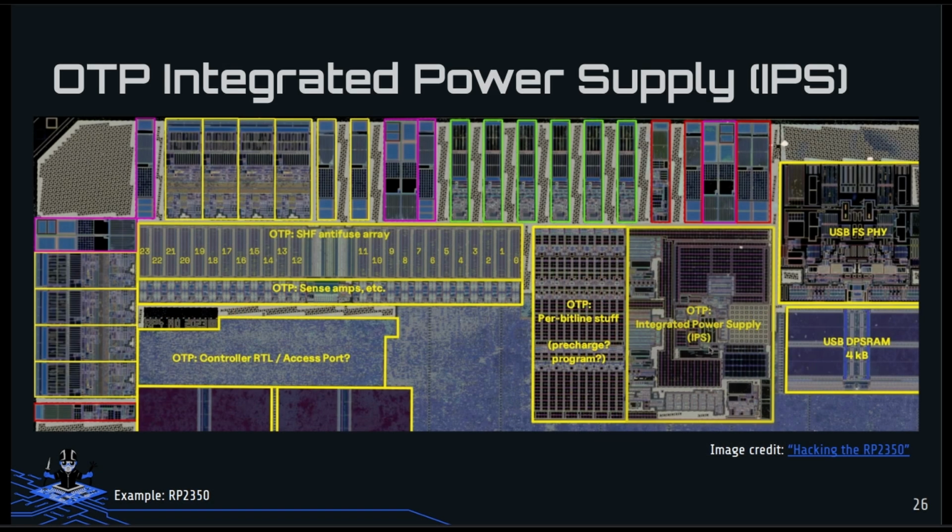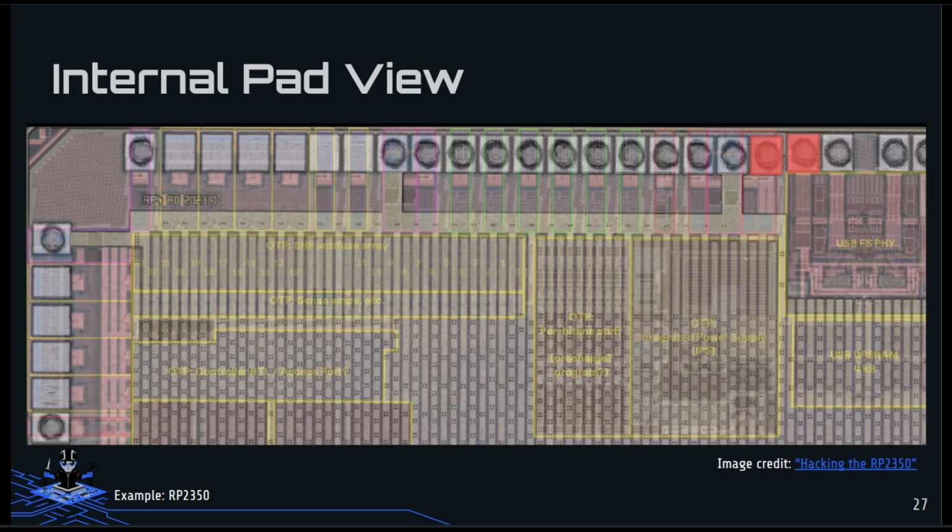As we look at the OTP, this antifuse array is where the actual data, the secret data, is being stored. Those are the ones and zeros that we're trying to get. But as we look over at the OTP, there's also an integrated power supply, the IPS. If we look a little bit closer, we can overlay and see some internal pads.